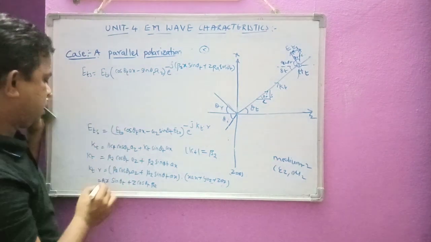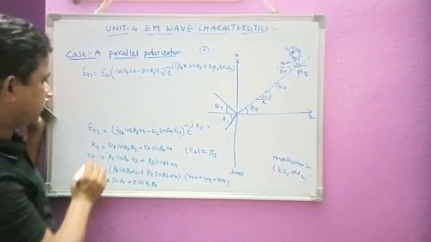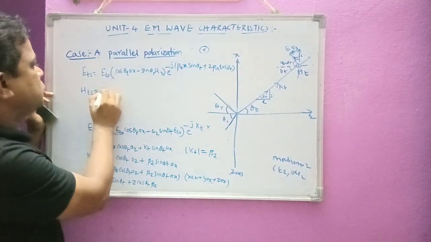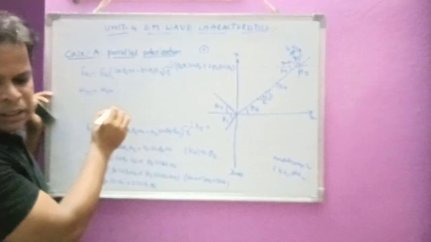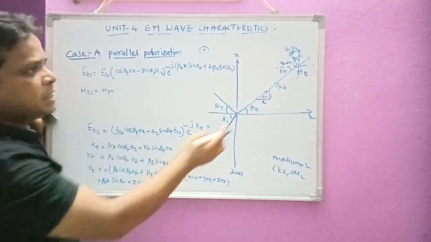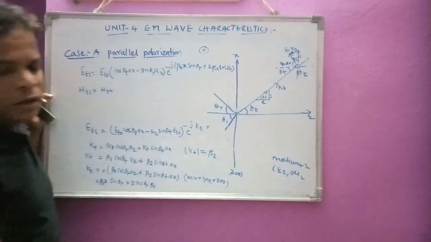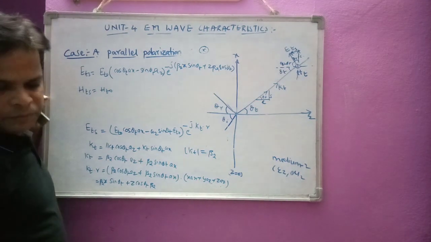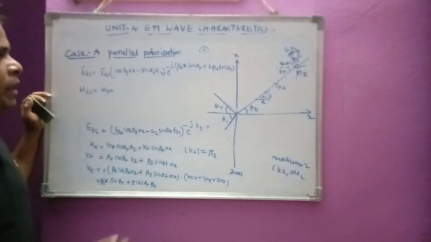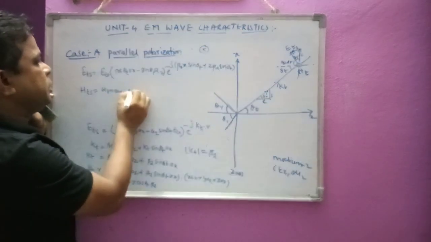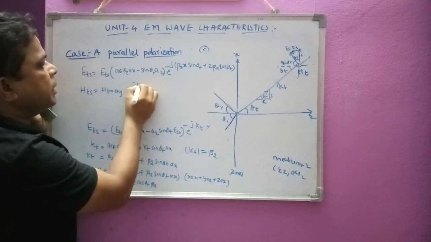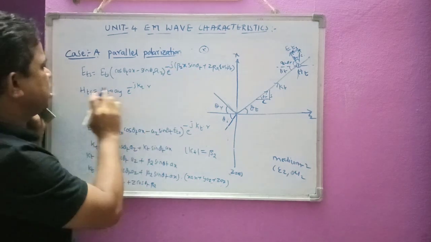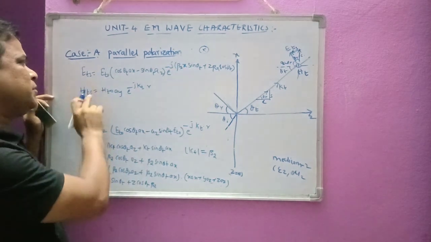Now I have to express the equation for HTS. HTS is equal to HT naught times, since the wave is along the positive z direction, the unit vector ay, so it is along the positive y direction, into e power minus j kt dot r. This kt dot r does not change for the electric field as well as the magnetic field.